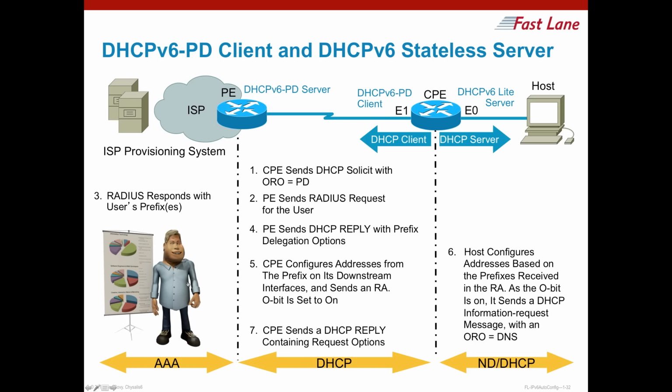To get an address, you can use stateless address autoconfiguration, but you can use DHCP to request, for instance, here, DNS server address. So this is a capability which is very flexible in IPv6.